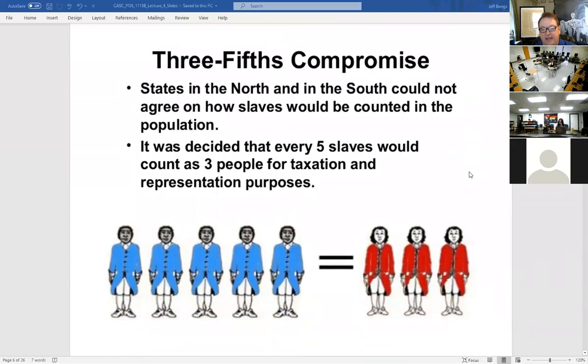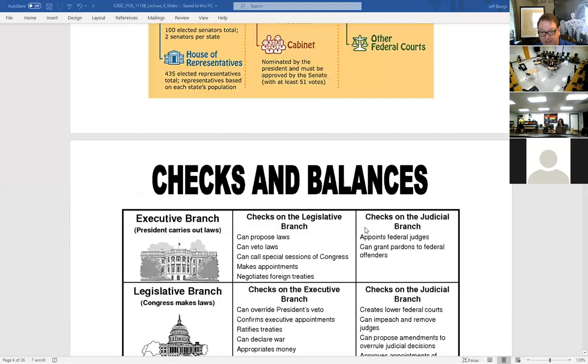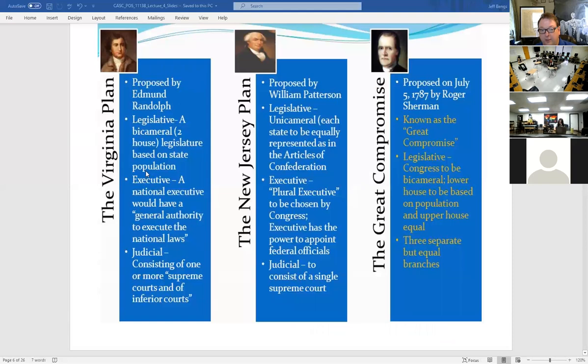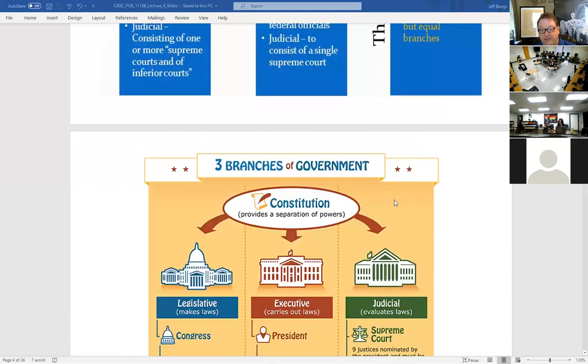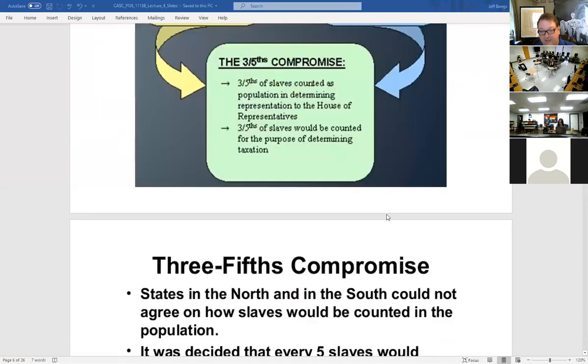So you can read about that on those pages, but there will be questions dealing with the Constitutional Convention, and you will need to know, along with these plans up here, the Virginia and New Jersey plans, so you need to know the two plans and the two compromises, the Great Compromise and the Three-Fifths Compromise.